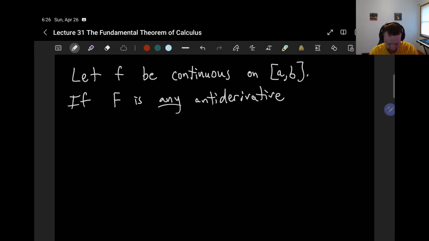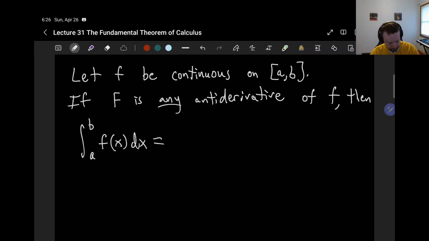If capital F is any antiderivative of little f, then the definite integral from a to b of f of x dx is solved using this antiderivative capital F. You evaluate at the endpoints of the interval, the limits of integration, and you subtract.